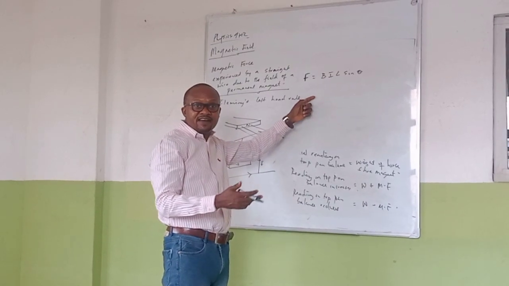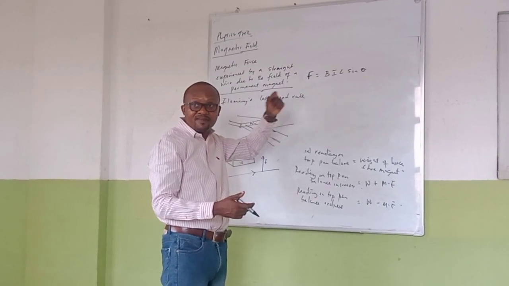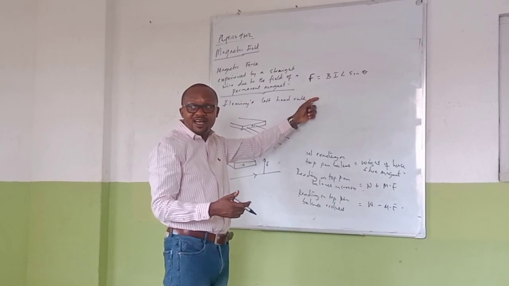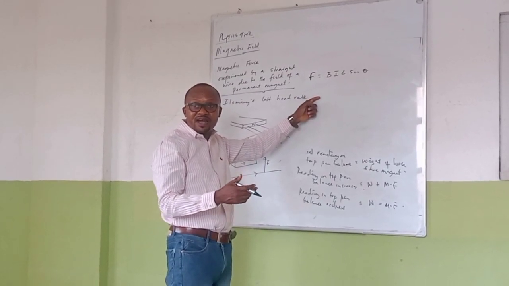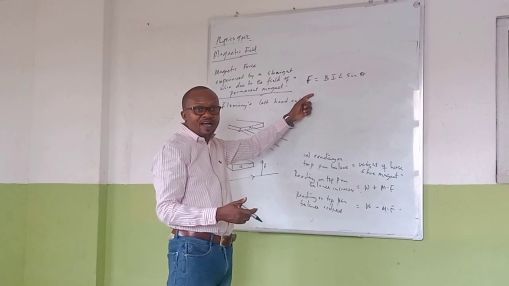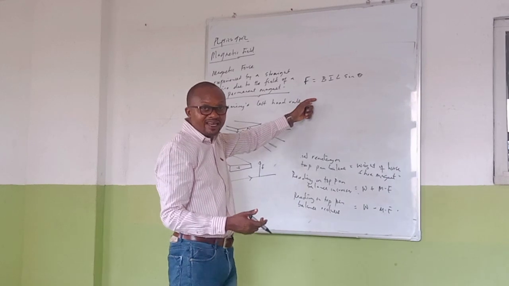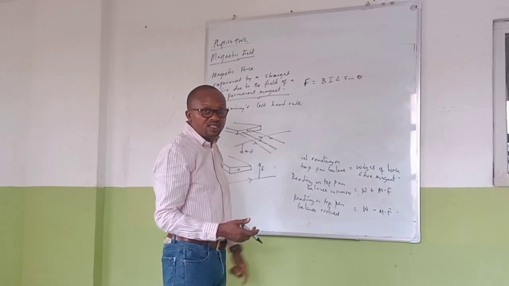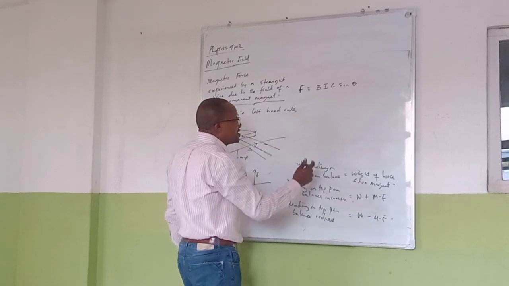So in brackets after the electromagnet you can put straight wire. The magnitude of the magnetic force experienced by an electromagnet (straight wire) in a magnetic field is given as F equals BIL sin theta.